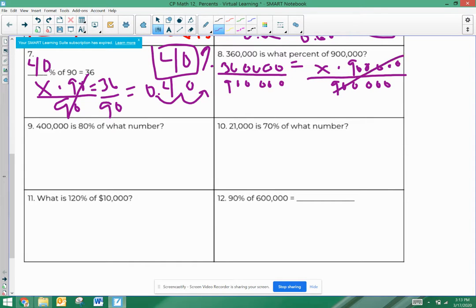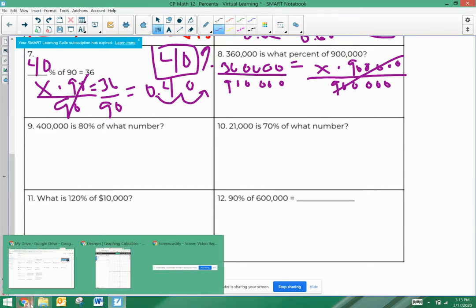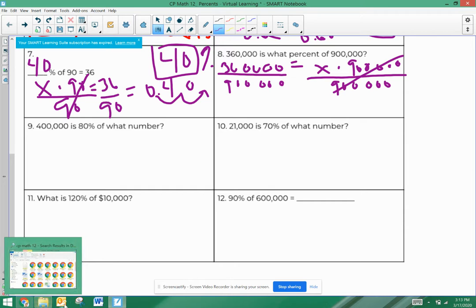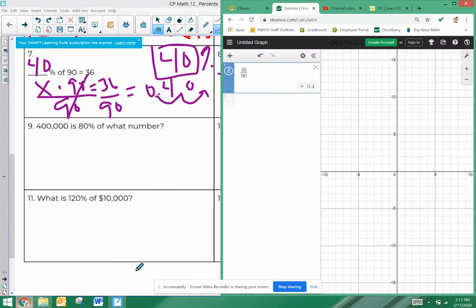All right, dividing. 360,000 divided by 900,000 is 0.4. There it is again, 0.4.